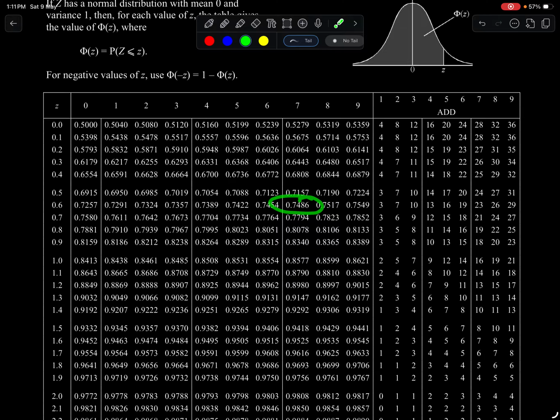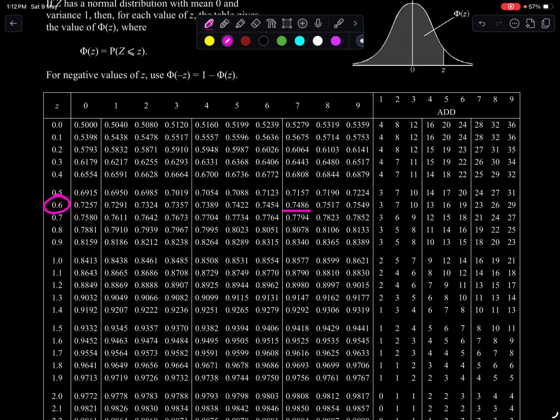We look for a number which is less than and close to the required number. Either find 0.75, which is not available in this table. So find a number which is less than 0.75 but close to 0.75. So this is the number. Now read this number in this way.